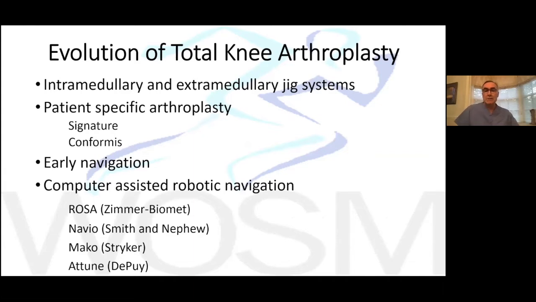So first I'd like to review a little history. Going back about 50 years, when total knee arthroplasty was in its infancy, there were huge differences from one type of implant to another, from one brand and manufacturer to another, even from one surgeon to another, as to how those tools and instruments were utilized. Over the next several decades, things started to mature, and a fairly consistent technological approach to total knee arthroplasty included the use of jigging systems or cutting guides.